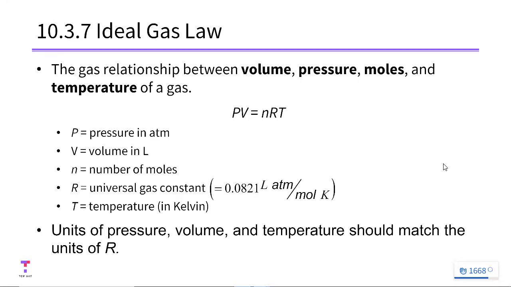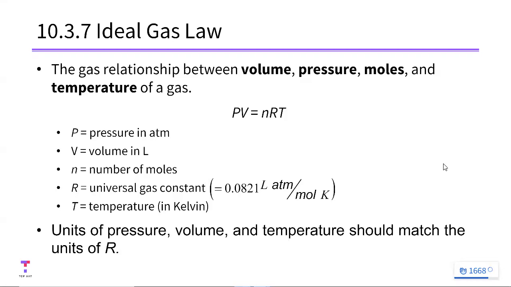So if we rearrange and look at this from the standpoint of how I can define a gas, the ideal gas law comes about as a result. The pressure and the volume of the gas multiplied together are equal to the amount of gas multiplied by the universal gas constant R multiplied by the temperature in Kelvin.